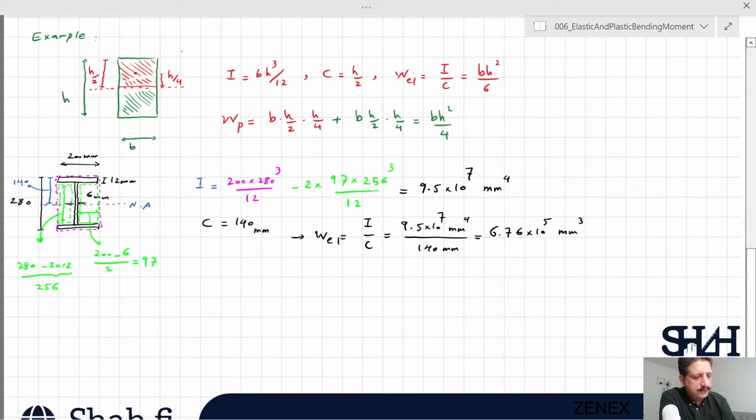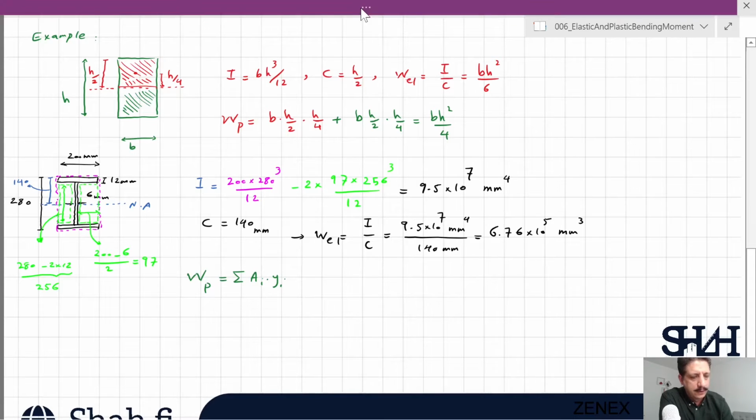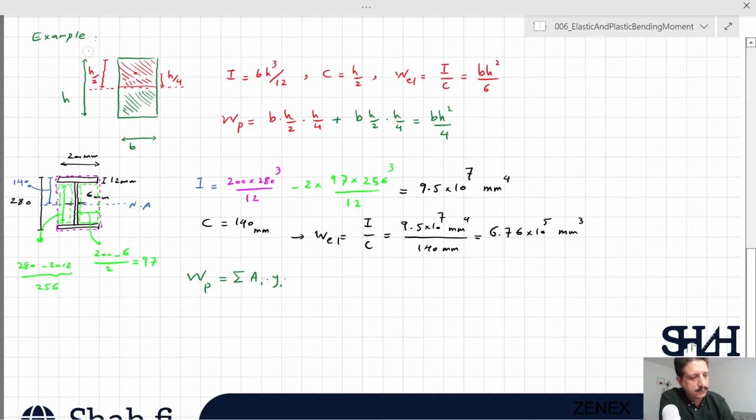For calculation of W plastic, we need to write down sigma A_i times Y_i. I sketched the cross section one more time so that it is easier to go with a fresh sketch.